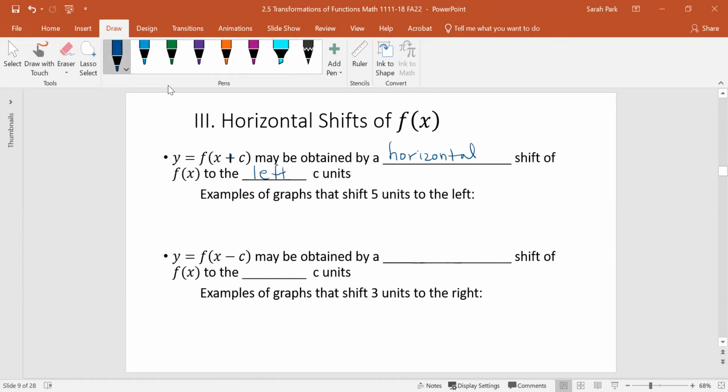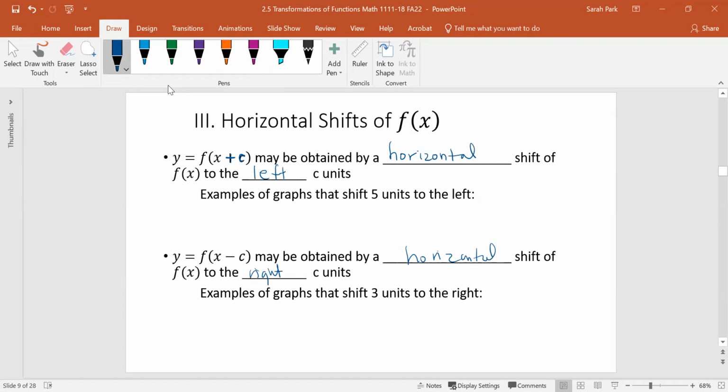When we add c inside parentheses, this is going to be a left shift. Now, if we take f of x minus c in parentheses, this is going to be a horizontal shift of f of x to the right c units.